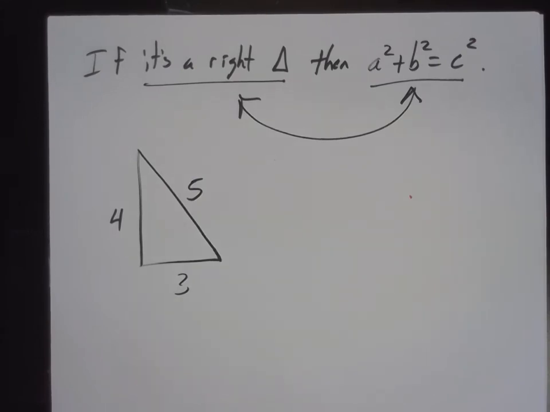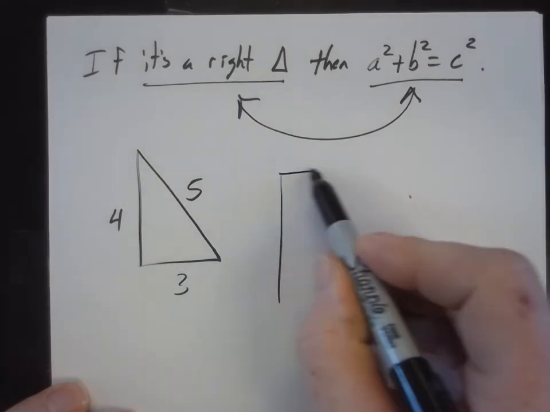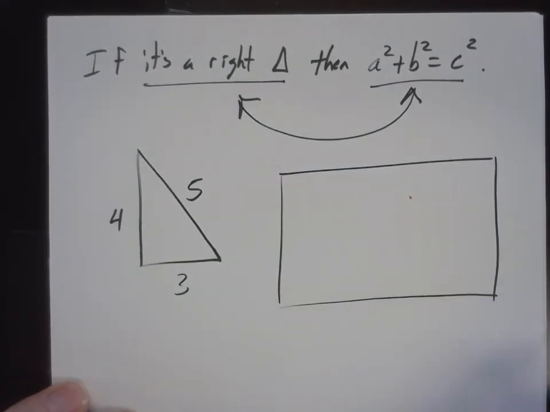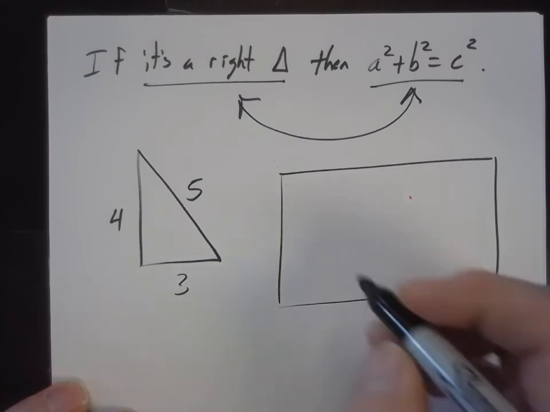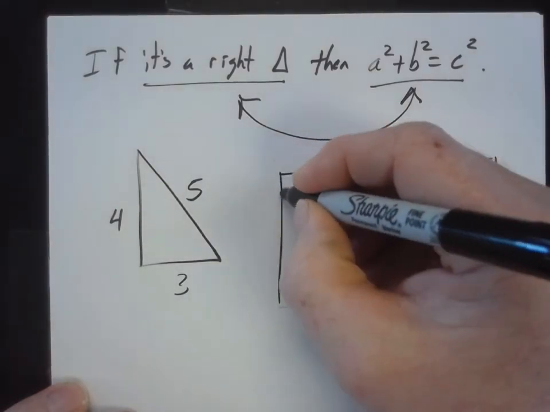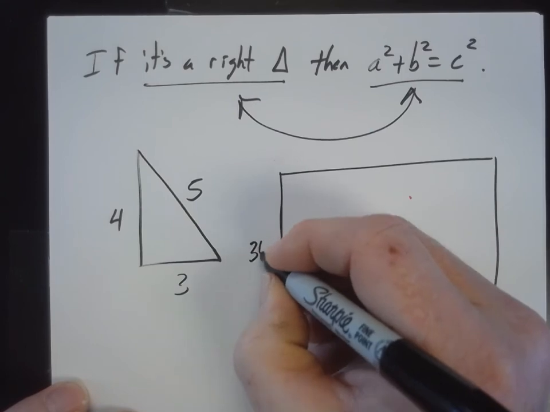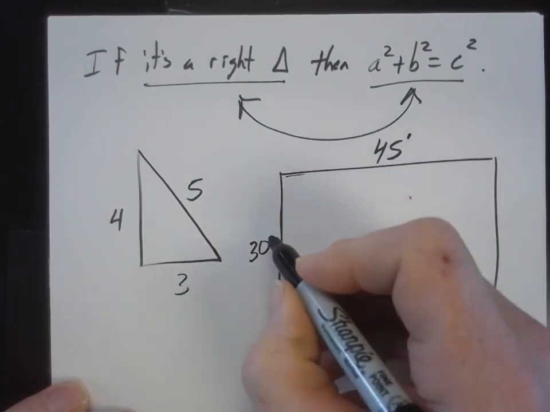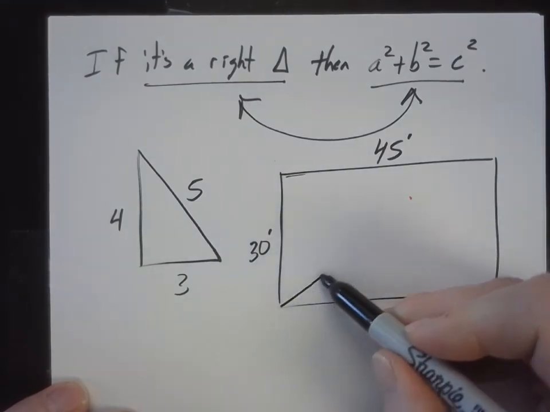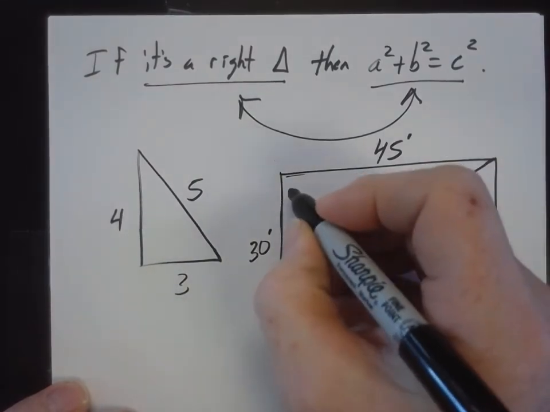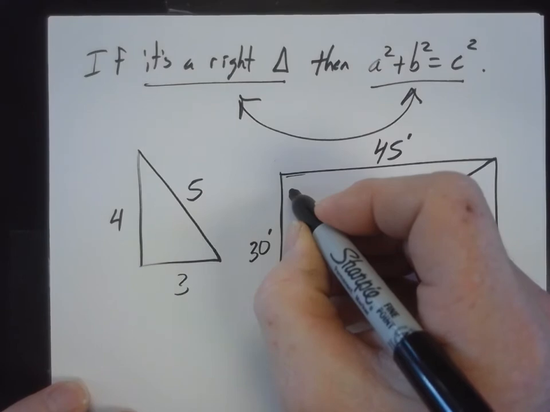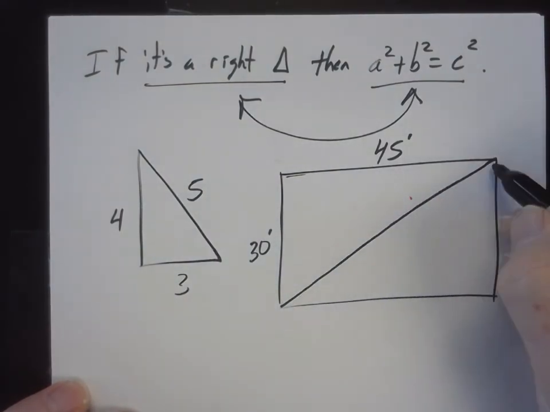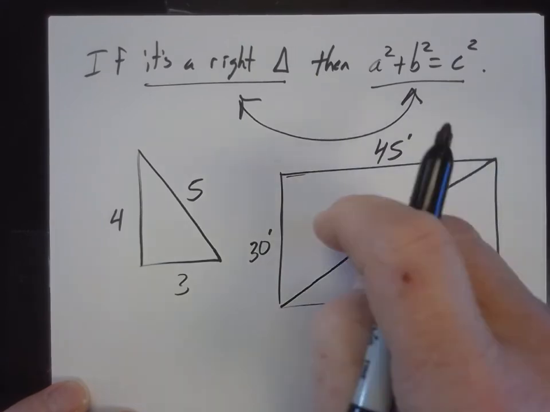So if I'm squaring up a foundation or a footer, I measure the length of this side, let's say it's 30 feet, and this side, let's say that's 45 feet. Do I know how long this one should be in order for that to be a right triangle? Yeah, okay. I can figure out how long this side should be.